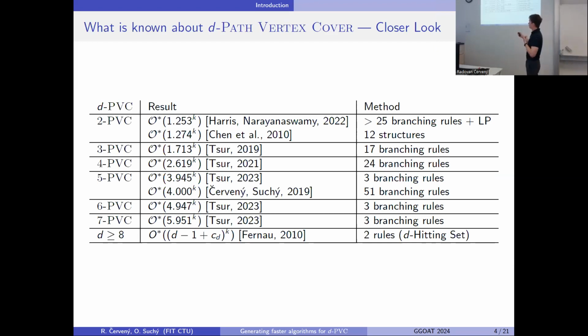Here is, for example, one of our previous results where we used 50 branching rules and we achieved something. But it is a very common method to use some branching rules and design your branching algorithm like this.